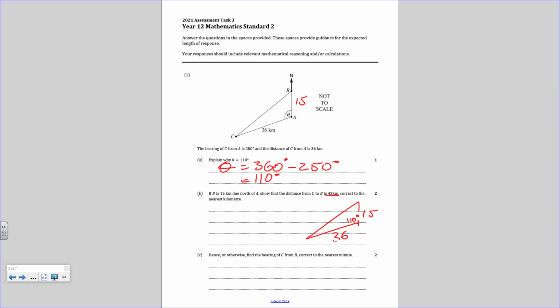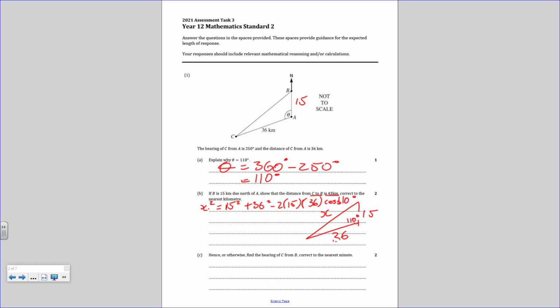That's 36, and we're trying to find x, the distance from C to B. This is a cosine rule question because we have 2 sides and the included angle. So x squared equals 15 squared plus 36 squared minus 2 times 15 times 36 times cos 110.